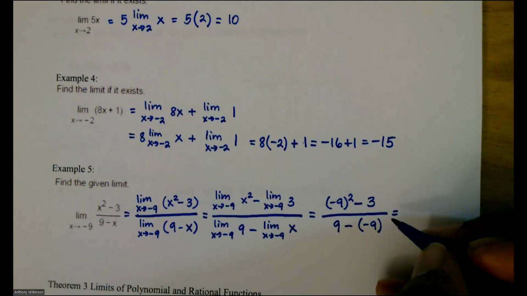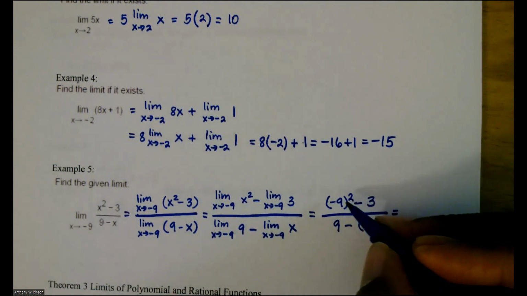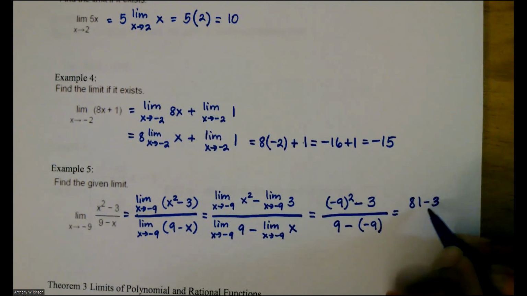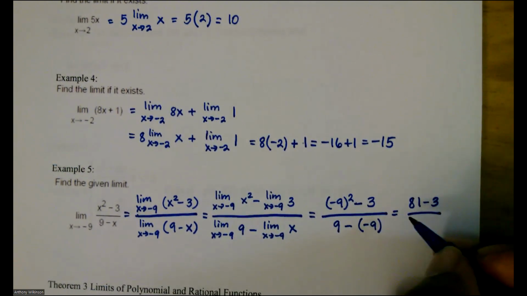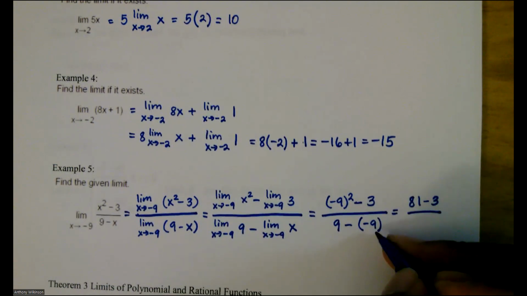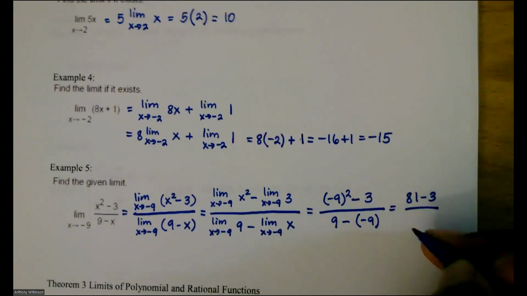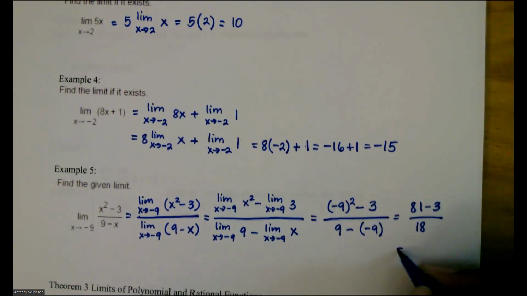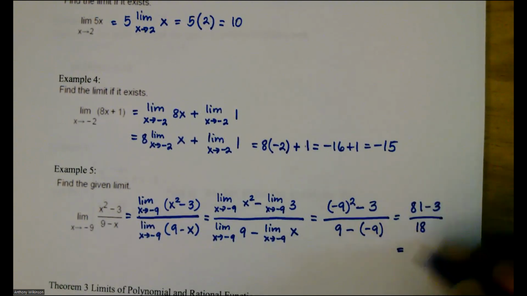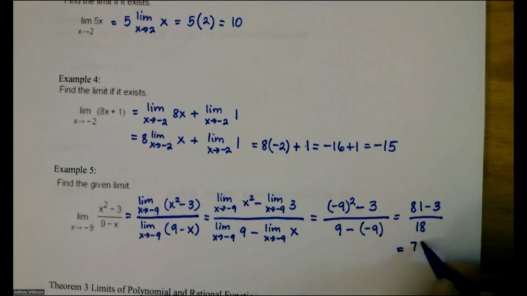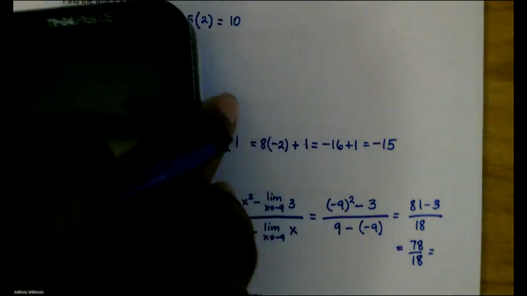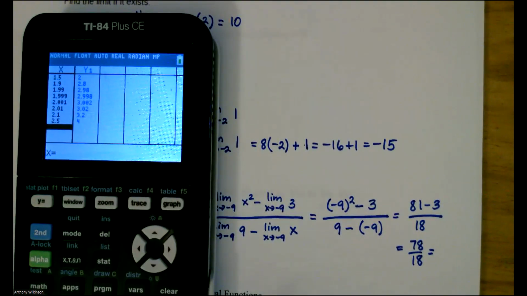Now let's simplify this a bit. -9 squared is -9 times -9. That's 81 minus 3 over 9 minus a -9 is 9 plus 9, or 18. And then 81 minus 3 will be 78 over 18. And if you reduce 78 over 18, you can do this in the calculator.